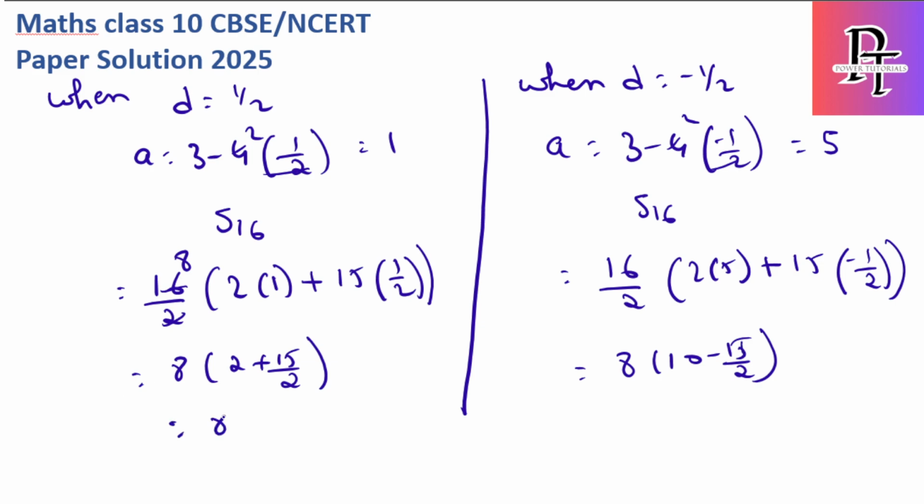So it is 8 into 4 plus 15, which is 19 by 2, and here it is 8 into 20 minus 15, which is 5 by 2.